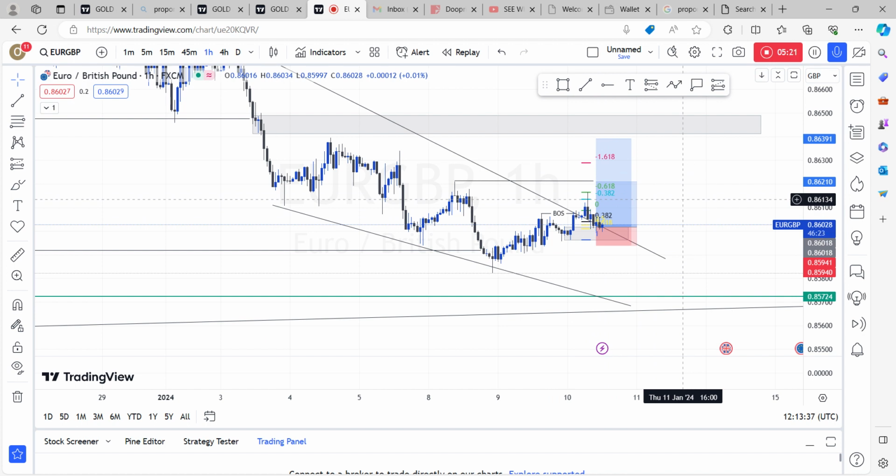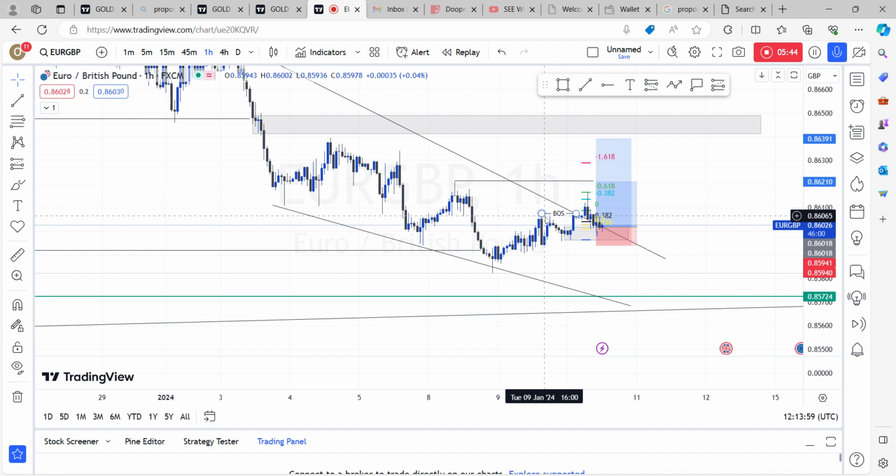A retest must follow after a breakout. So after this breakout, we have a kind of retest to the downside where the price picked up, right? This is a significant thing that we need to take note of.